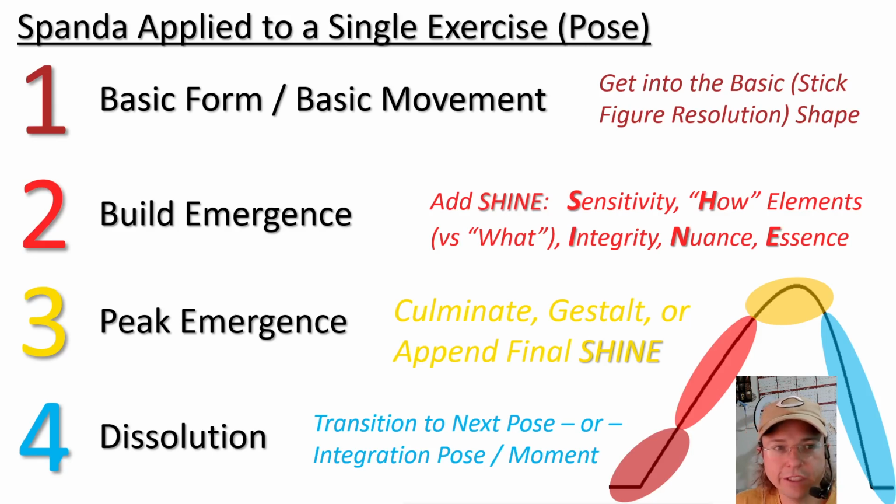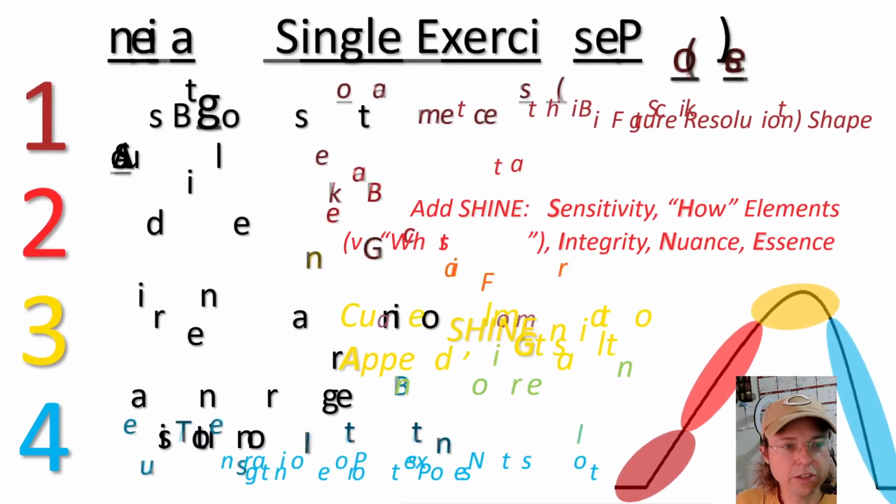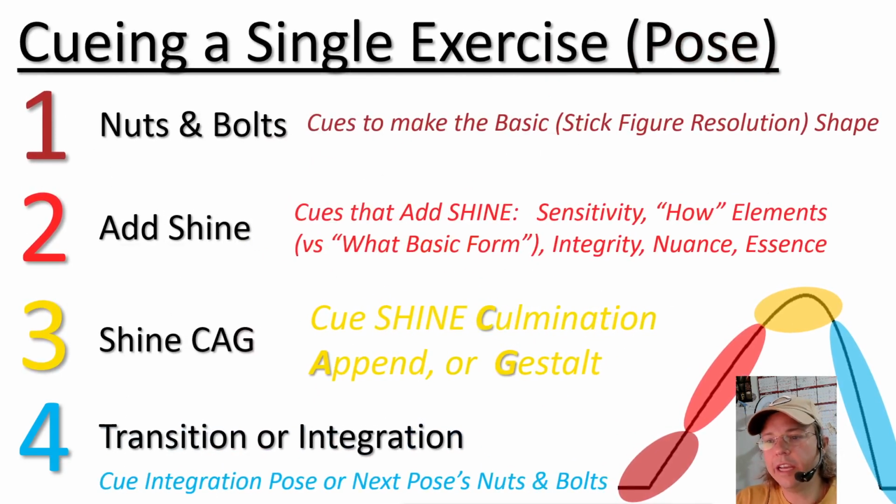And so it's helpful to have an integrative moment, although it would be a lot to do that for every pose. So sometimes it's just simply the transition to the next pose is what takes us out of a pose or dissolves the pose.